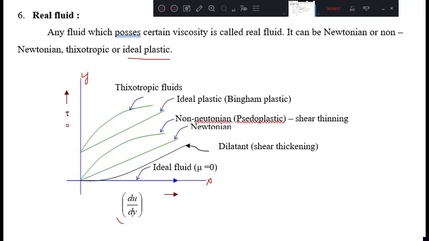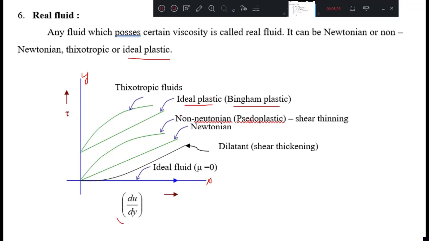If stress is not proportional to the rate of shear strain, those fluids are called non-Newtonian fluids. The ideal plastic or Bingham plastic requires an initial stress for deformation, and if the deformation is linear, they are called ideal plastic. If the deformation is non-linear, they are called thixotropic fluids, shear thinning fluids or shear thickening fluids.